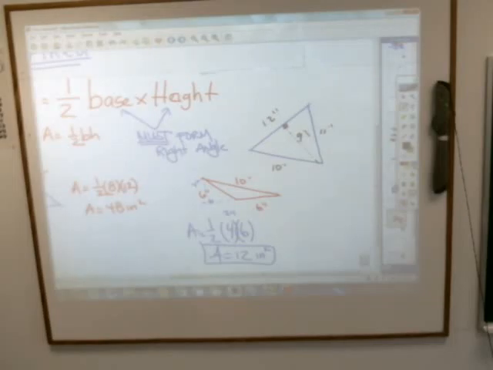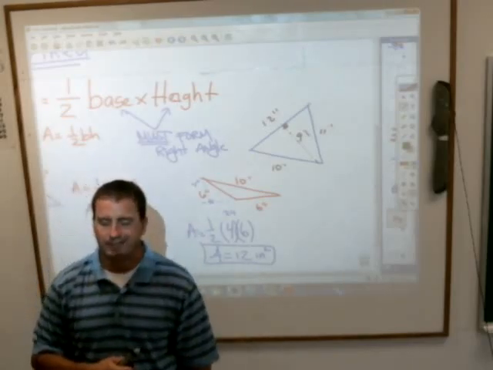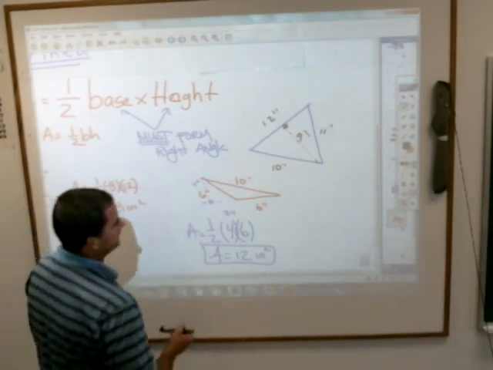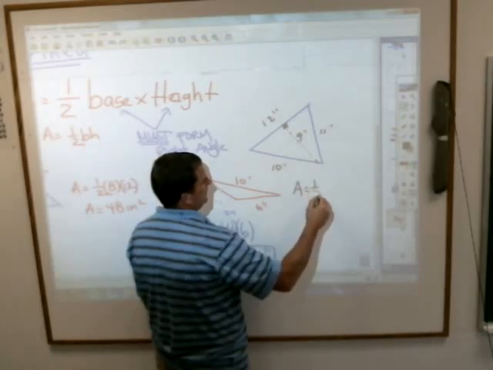Not necessarily the case. Bases are not always what they're sitting on. If I was looking for the base and the height here, what two lines would they be? Again, you ask yourself what two lines form the right angle. Sam? The base would be 12 inches. And the height is 9 inches.